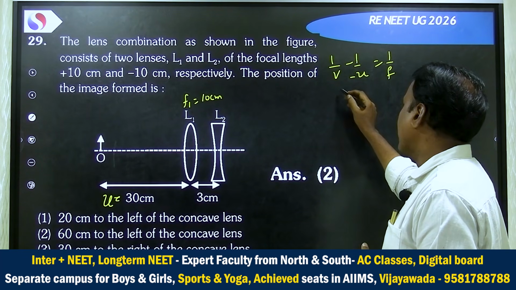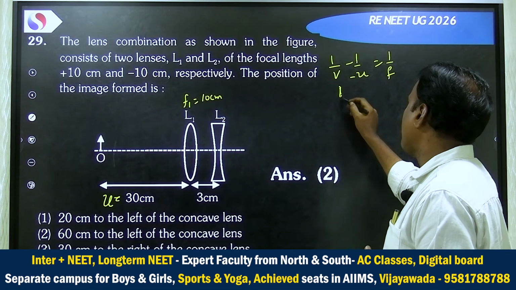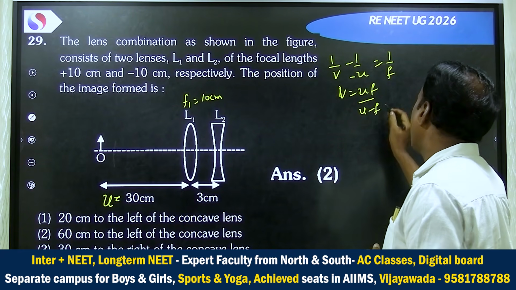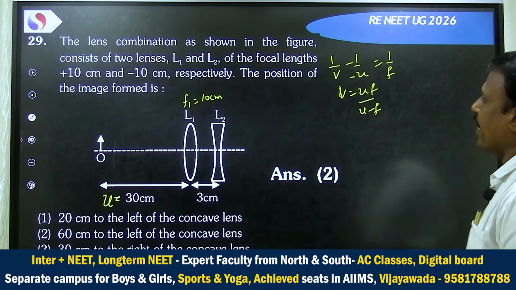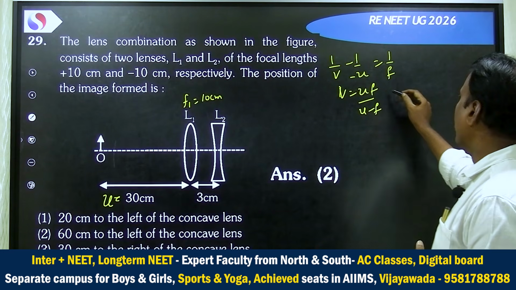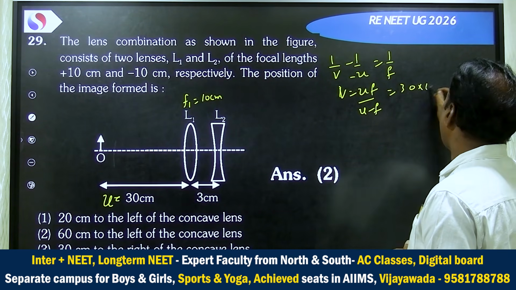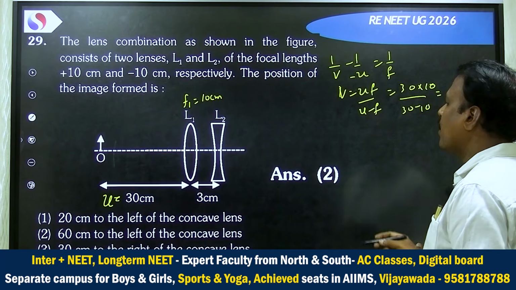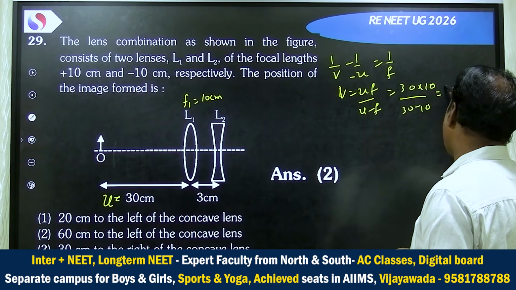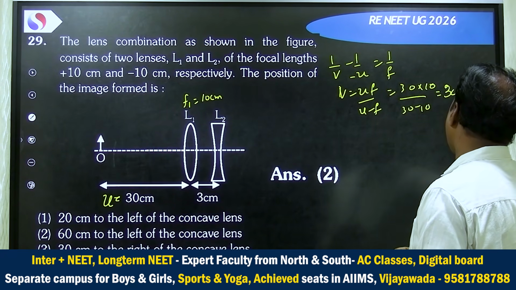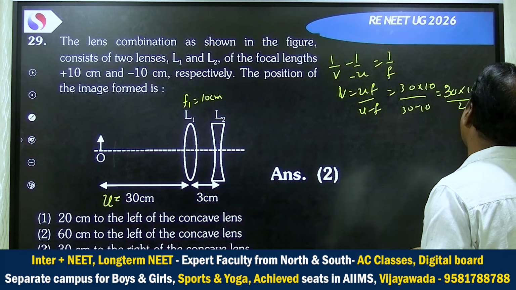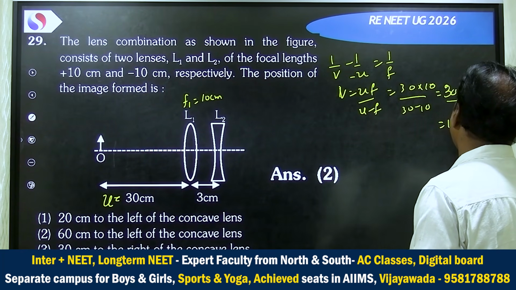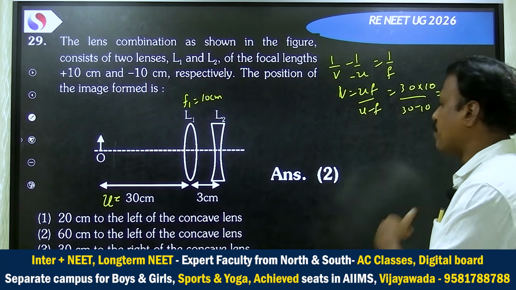Finally, if you rearrange these terms, you will get v equal to uf by u minus f. So u value 30, f value 10, by 30 minus 10. Totally it gives you 30 into 10 by 20, that means 15 centimeter, which is plus.